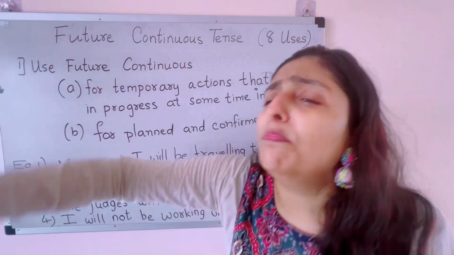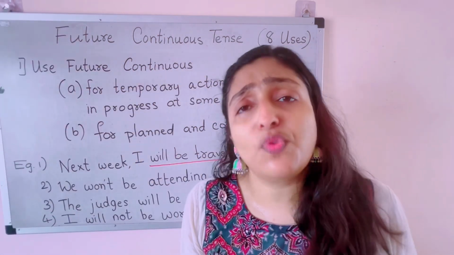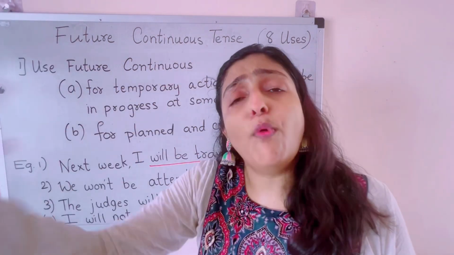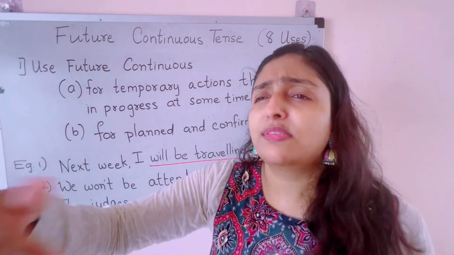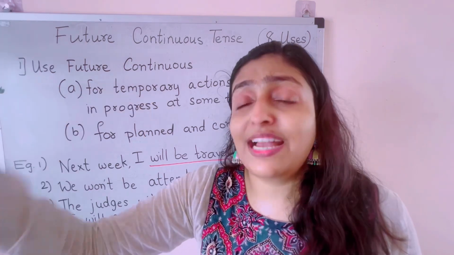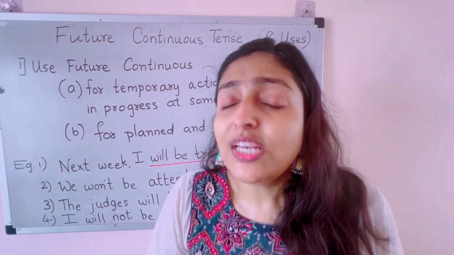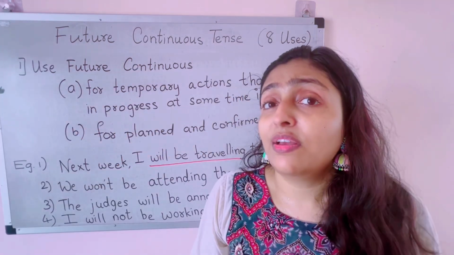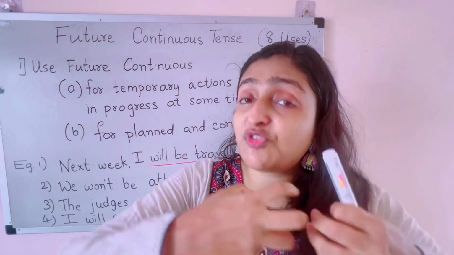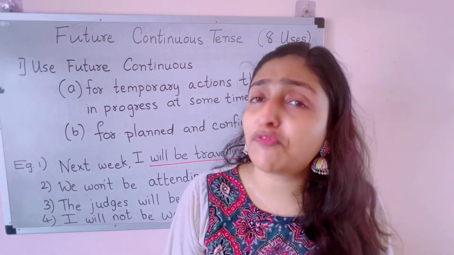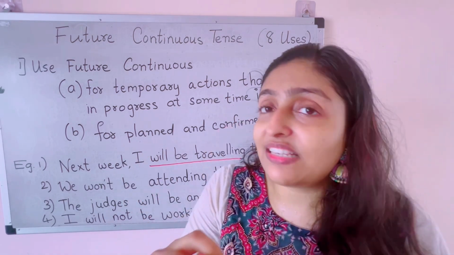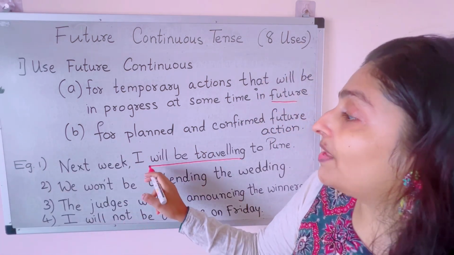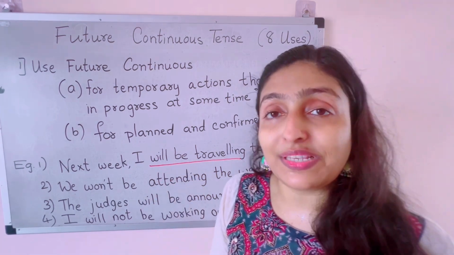I may have to keep on moving from one place to another. I may have to board multiple means of transport, like the bus, then an auto. I may have to catch a train, then the flight. So it goes on and on. There is a longer stretch of the duration of time taken. So that's why in such cases we use future continuous tense.